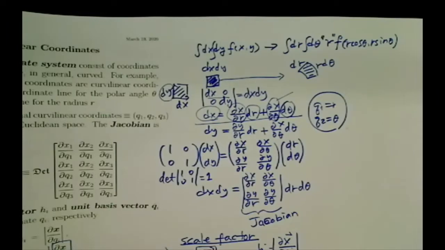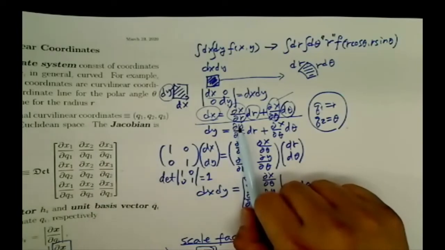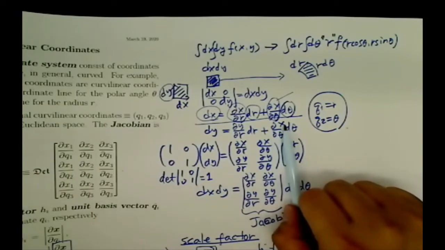We remember that dx is actually expressed in terms of r and theta, and dy too, and both of them can be expanded with a chain rule. The differential dx can be expanded as the partial derivative with respect to r times dr, plus another partial derivative with respect to theta times d theta.